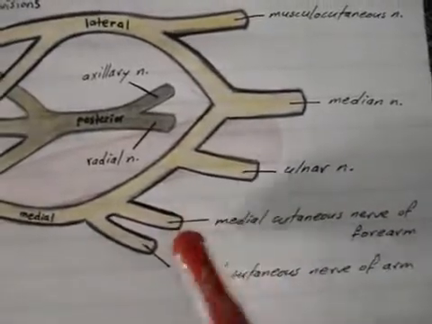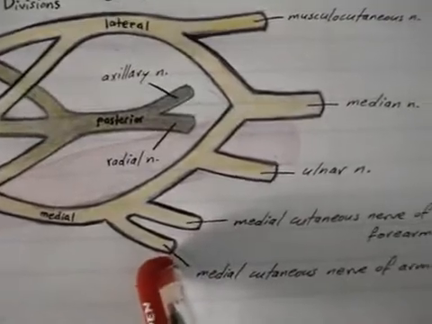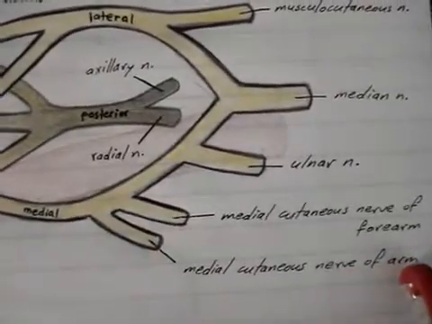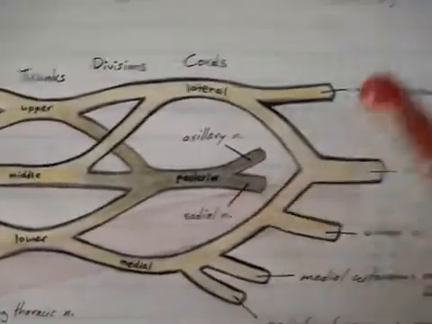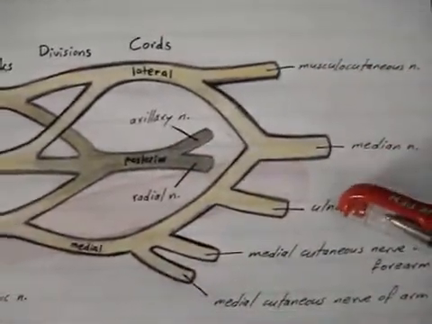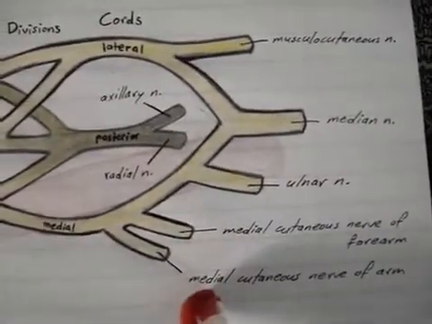The more lateral one is called medial cutaneous nerve of forearm, and this one is called medial cutaneous nerve of arm. So this is the order, okay? Axillary, radial, musculocutaneous, median, ulnar, medial cutaneous nerve of forearm, medial cutaneous nerve of arm.